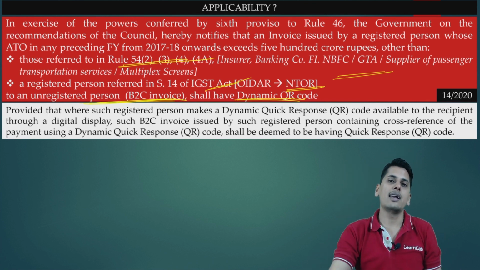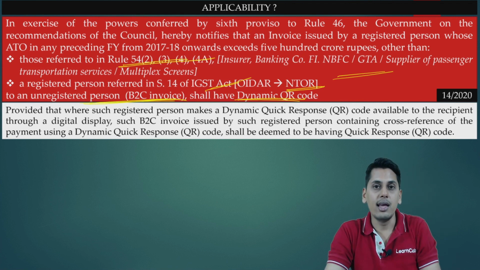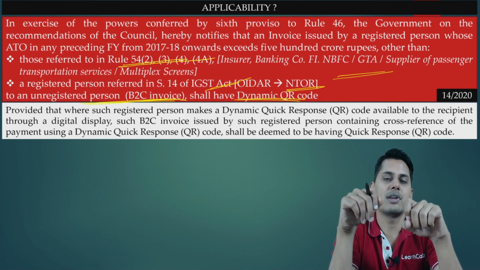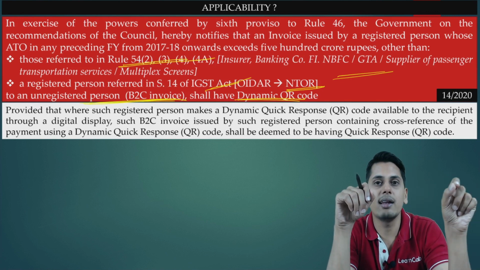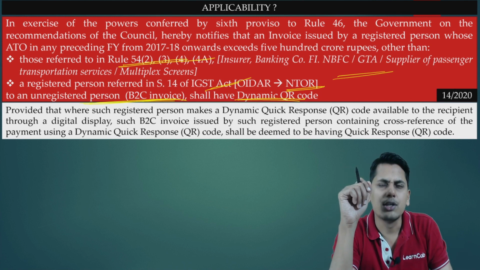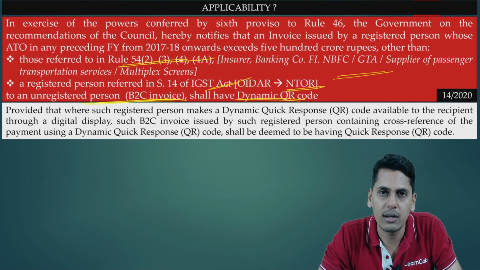Now friends, please understand, the dynamic QR code was shown as a digital display against which payment was made. Now friends, please tell me, in such a type of transaction where payment was made against a dynamic QR code which was shown as a digital display, should the invoice again carry a dynamic QR code printed on it?